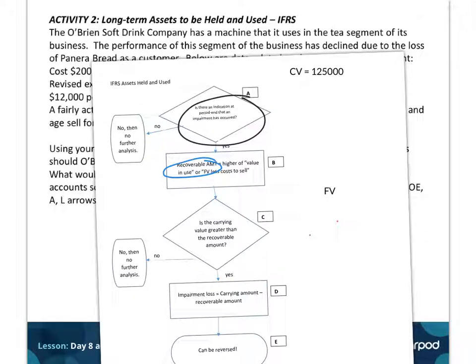The fair value was the 60,000. So our real question here when we're trying to do IFRS is, what do we use for this value in use amount? And if you look back at your notes, that was the present value. That's what we said.